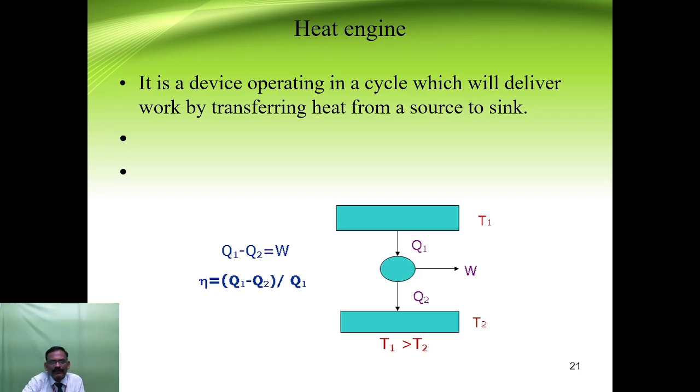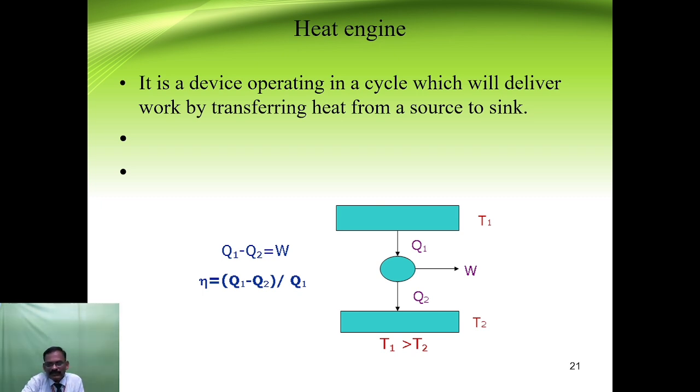Here there are two temperature reservoirs. One is the source, whose temperature is T1, and another one is the sink, whose temperature is T2. Source is nothing but a reservoir which supplies the heat. The sink is the reservoir which absorbs the heat leakage.